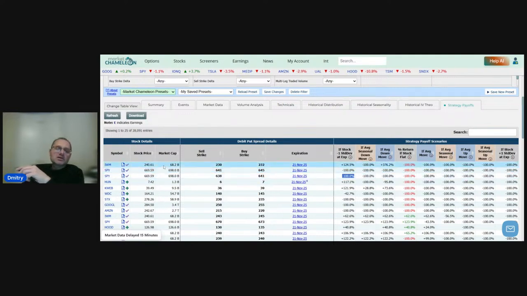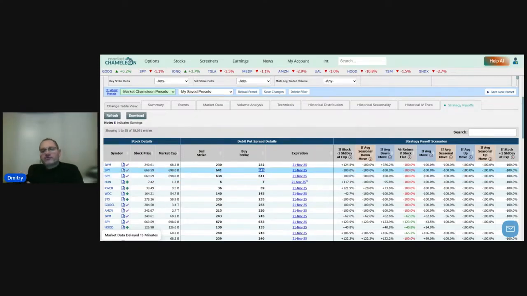Because here you can see the stock's 240. We're looking at the 230, 232 spread. This SPY is 669. Looking at the 641, 645 spread is further out of the money, more than one standard deviation. So that's why it's not hitting profitability yet. You'd have to go probably two standard deviations. So this is just showing us the one standard deviation level.